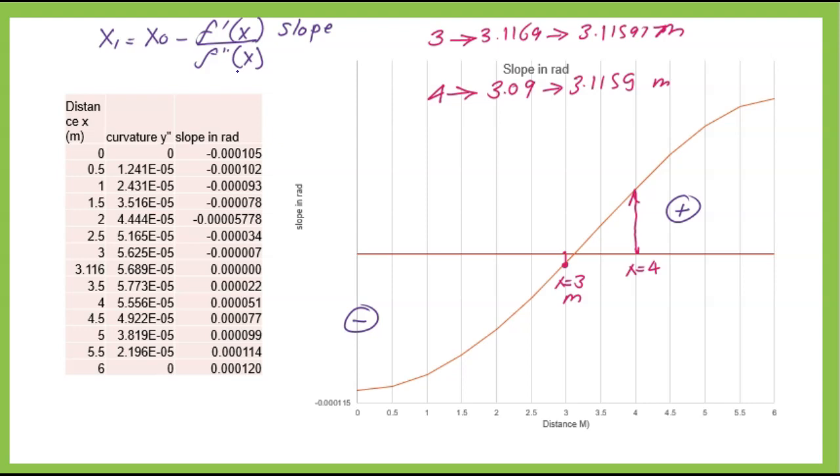We take the slope, we hit the x-axis, and coming up, it will be reduced. This is the point of 0 slope, or the point of maximum deflection. So from 4, it will come to 3.09, as approaching this point, 3.1159 meter.